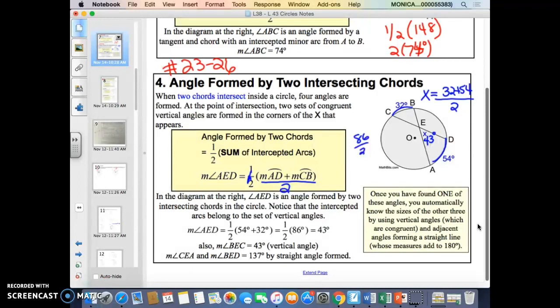If you wanted to find one of the arc lengths, then you can just rearrange this formula. So let's say you wanted to find the arc of AD. Okay?